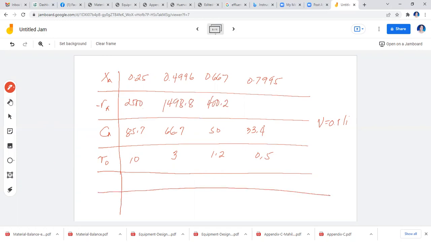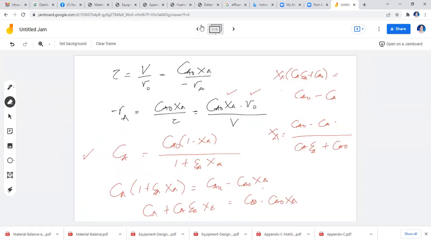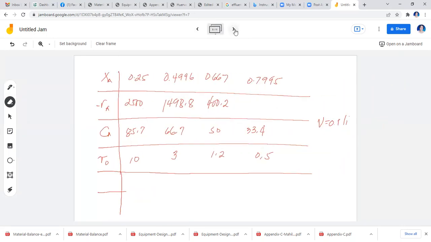Can you go back to the working equation, CAO XA times VO over V? So this is the ln of the rate, and this is the ln of the CA. Can you supply me with the ln of the rates?